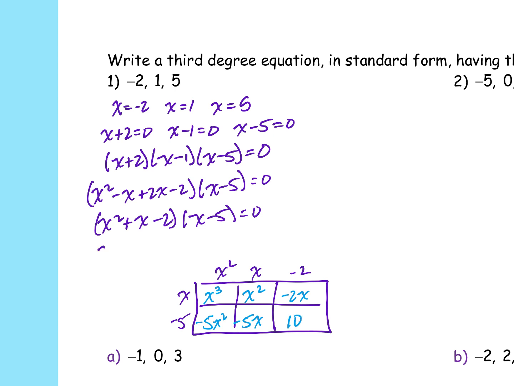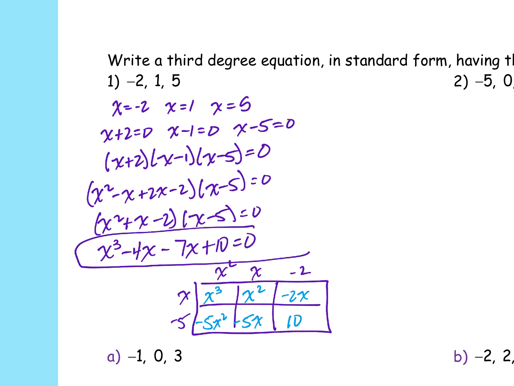So my answer should be x cubed minus 4x minus 7x plus 10 equals 0. So it's just one additional step. I have to multiply one additional time, right?